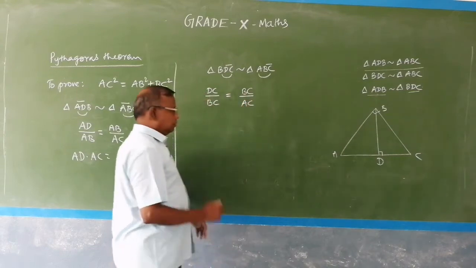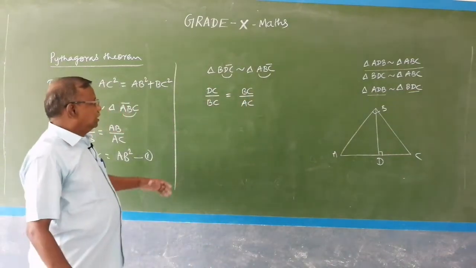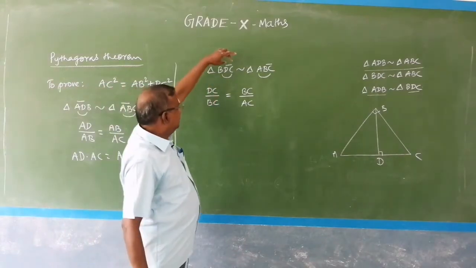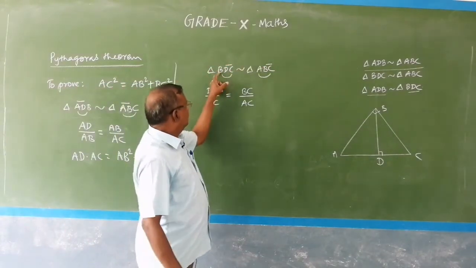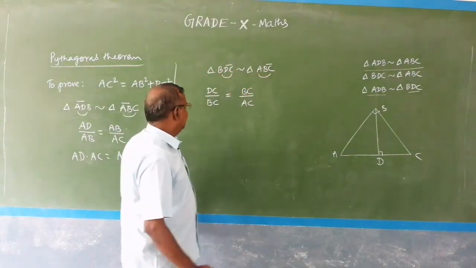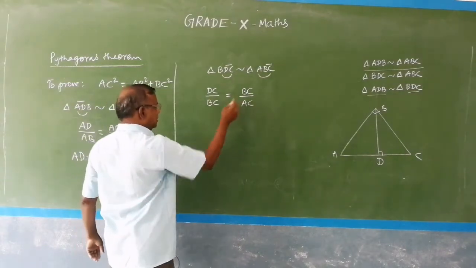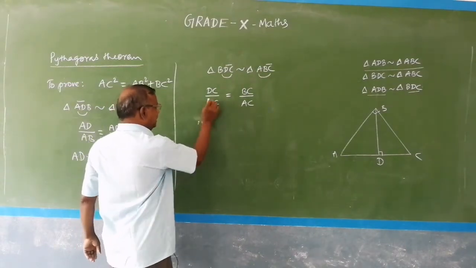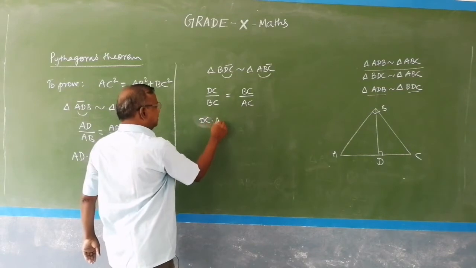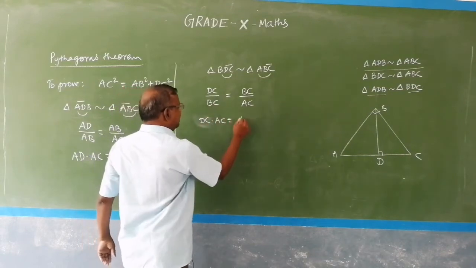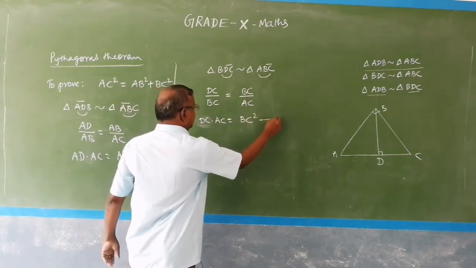I already told you in the similarity of triangles, the ratio can be taken like that. Now, by cross multiplication, DC into AC equals BC square. Say this is 2.